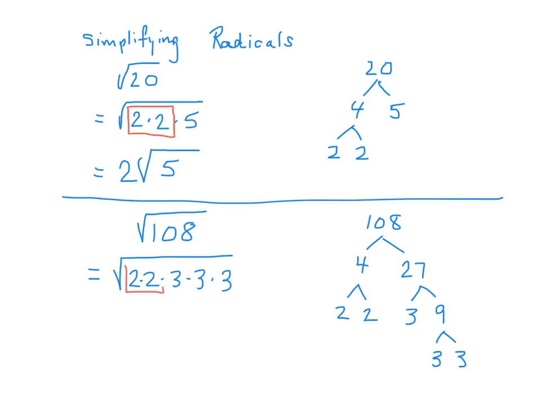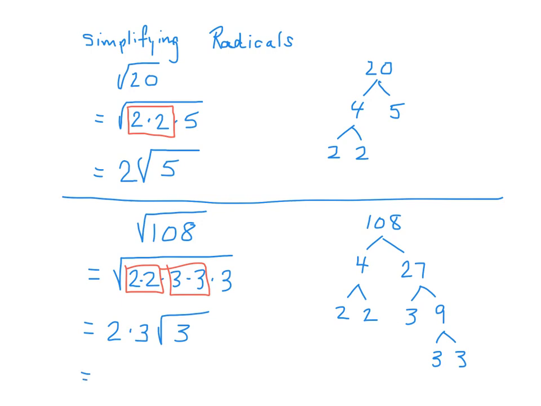So here are two 2s, here are two 3s. Whenever I have a pair, I can pull one representative out of the radical. So one 2 comes out, one 3 comes out, and left over is the single 3 that was not matched up.